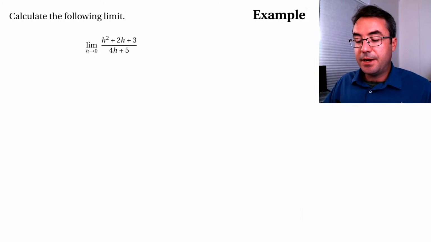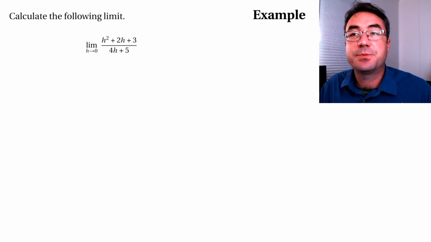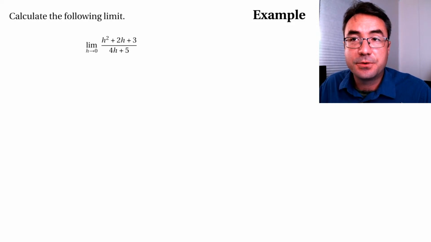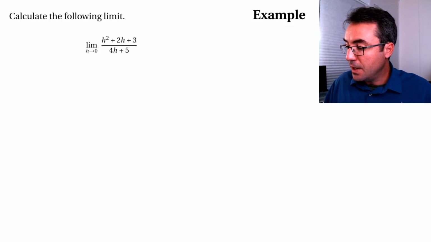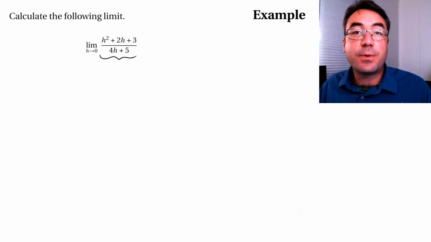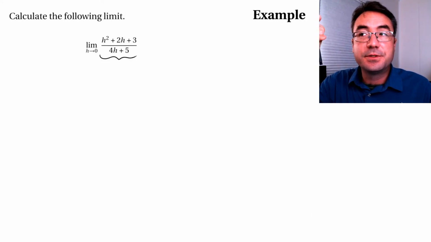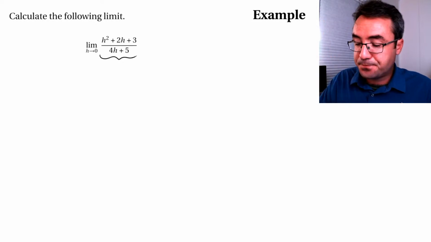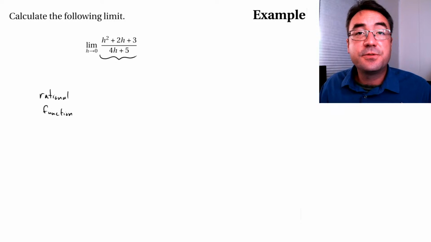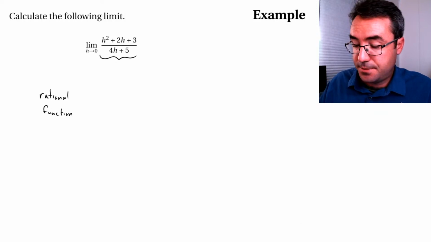We're going to do the limit of h squared plus 2h plus 3 over 4h plus 5 as h goes to 0. And if we look at this function, this is a rational function. It's a polynomial divided by a polynomial. Let's figure out what its domain is.